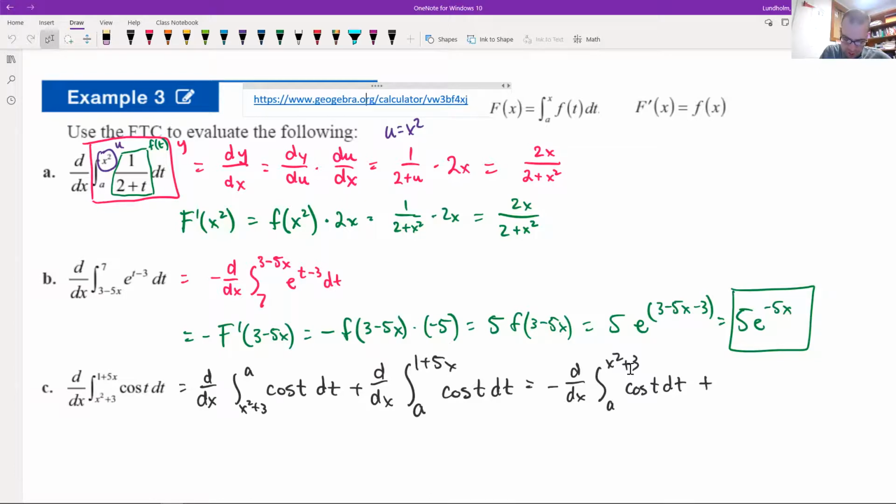plus the derivative of this area function where we're going from a to 1 plus 5x of cosine t dt. I know this is a lot. Let's go ahead and go green again.